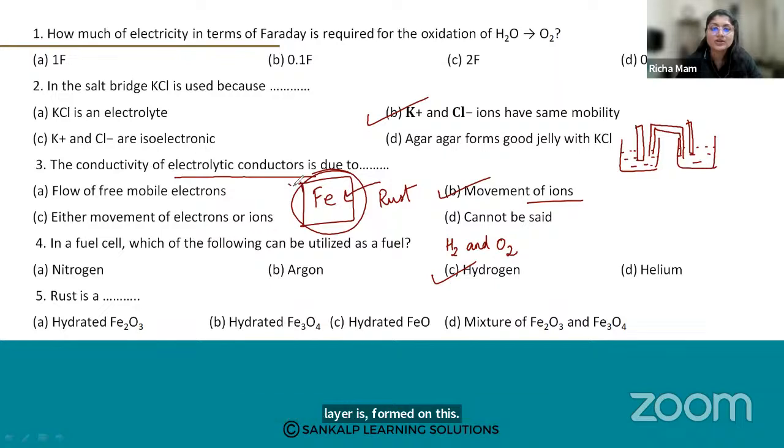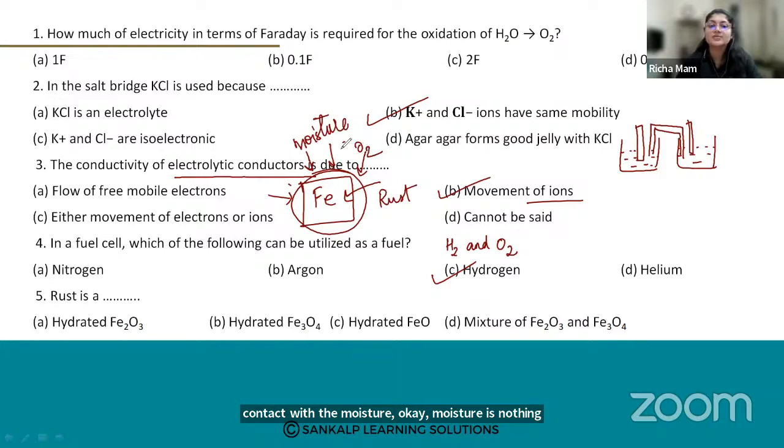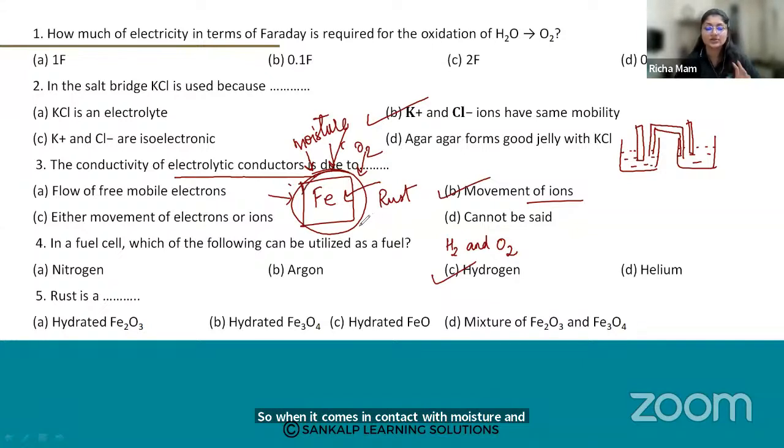When it comes in contact with moisture, which is water, and oxygen, it forms a reddish brown layer, and this is the rust, due to iron oxide.